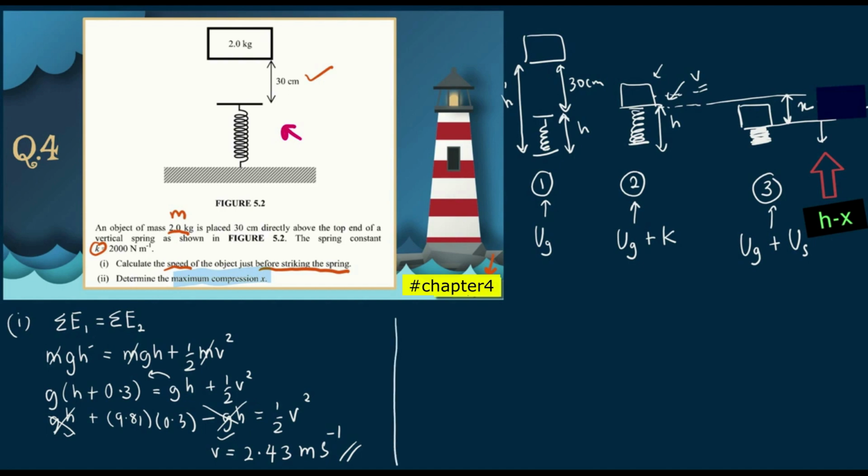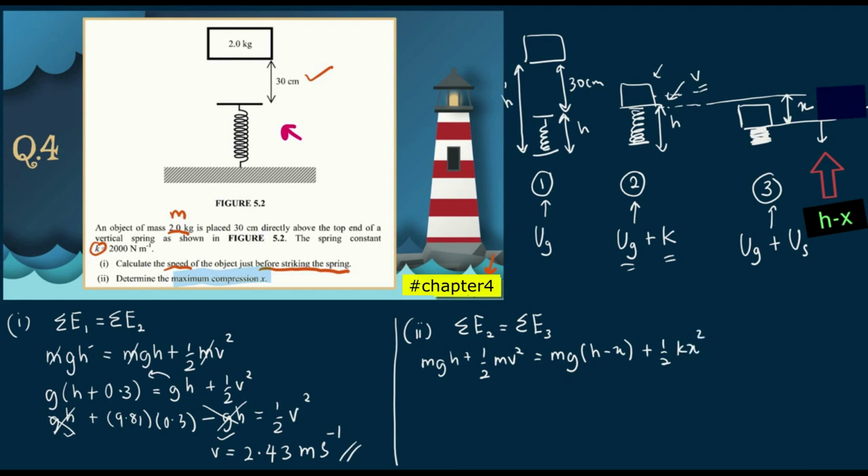Okay, so to solve number 2, determine the maximum compression. So we'll do again summation of E for situation number 2 is equal to summation of E for situation number 3. So now we substitute the values. Number 2 we have U and K, so mgh plus half mv squared. And number 3 we have mg(h minus s) plus half kx squared.